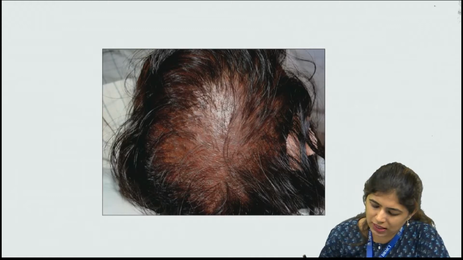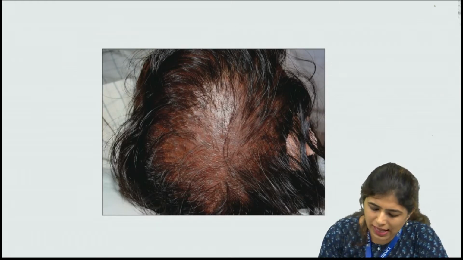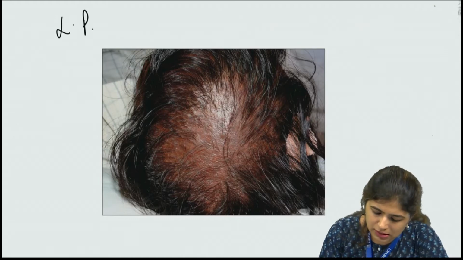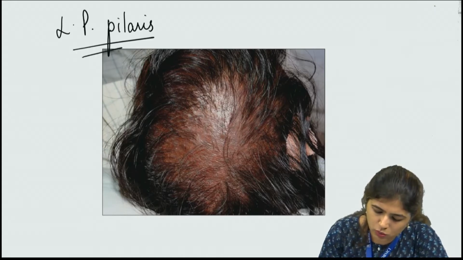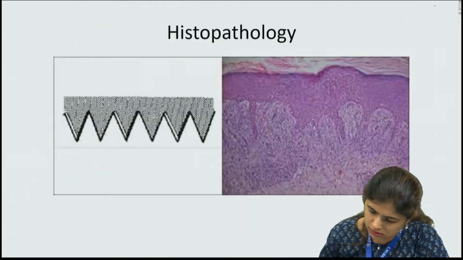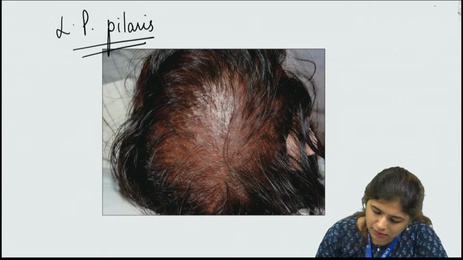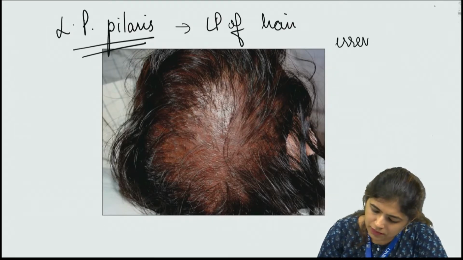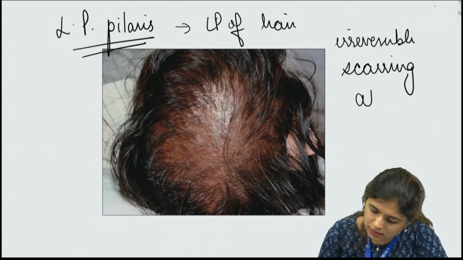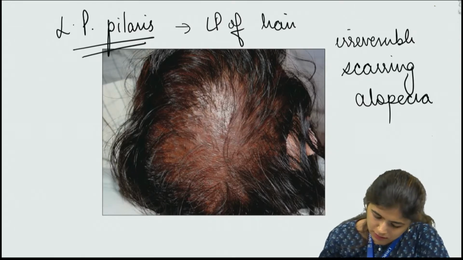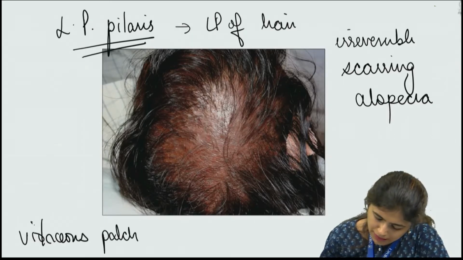What else does LP affect? LP also affects the hair, scalp, causing lichen planus pilaris, which is lichen planus of the hair, leading to irreversible scarring alopecia, presenting as violaceous patch associated with hair loss.